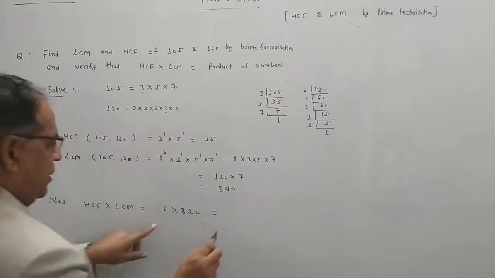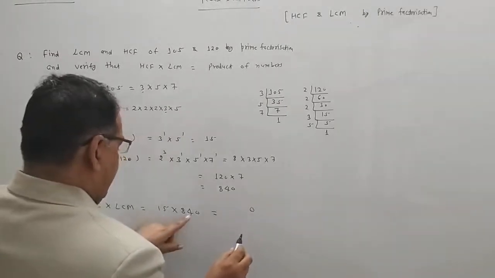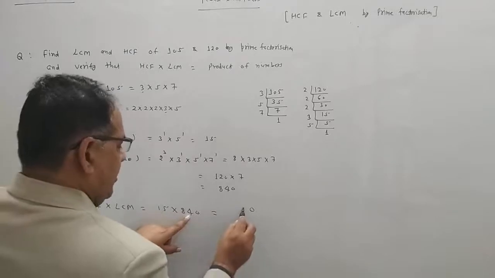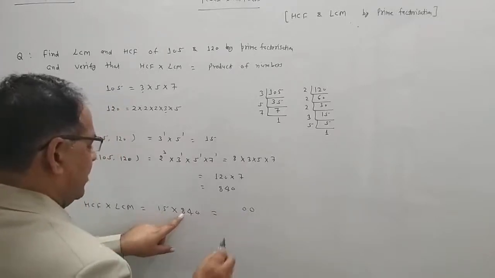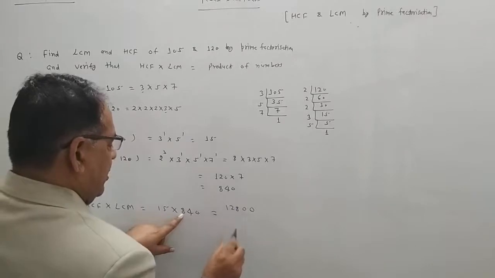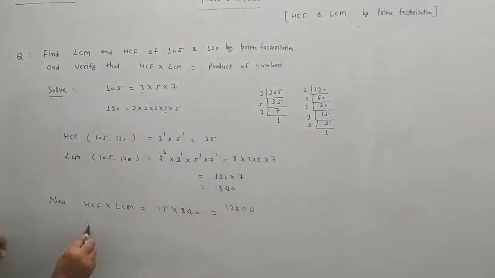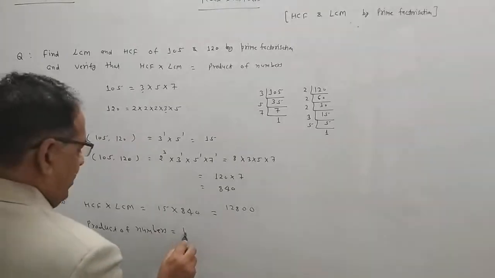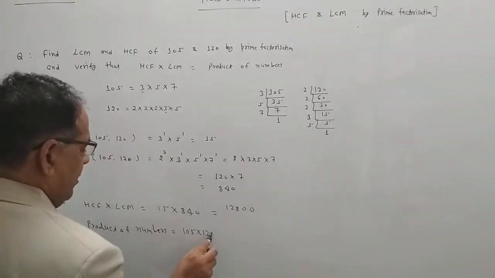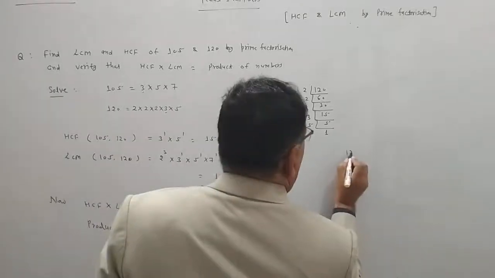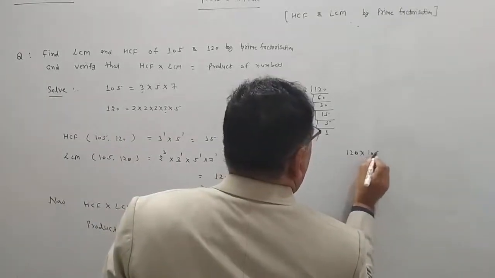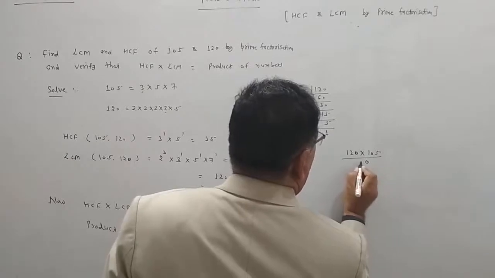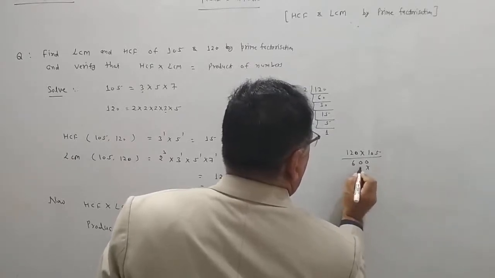This is equal to 12,600. The product of the numbers is equal to 105 into 120. So take the product, 120 into 105.